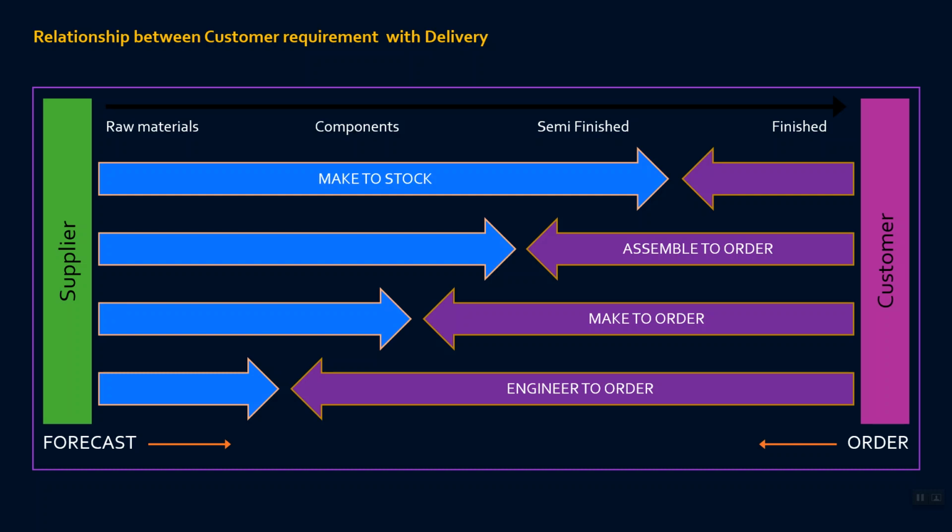So around 90% of your time is consumed in your delivery schedules. Based on this, your scheduling impacts, your planning impacts, your inventory holding capacity impacts, and your investment is also involved in this.